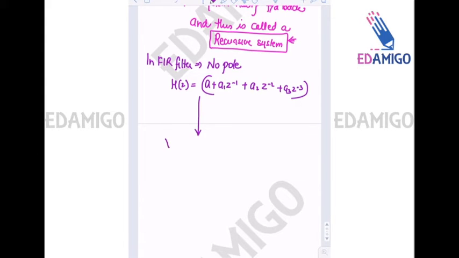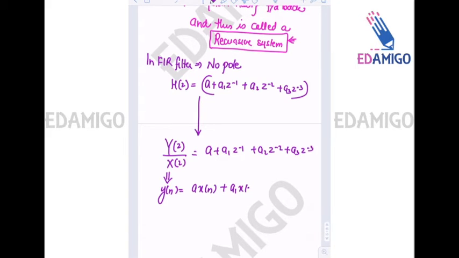So Y(z) upon X(z) is equal to A plus A1 z inverse plus A2 z to the minus 2 plus A3 z to the minus 3. So I can write y[n] is equal to A times x[n] plus A1 times x[n minus 1] plus A2 times x[n minus 2] plus A3 times x[n minus 3].